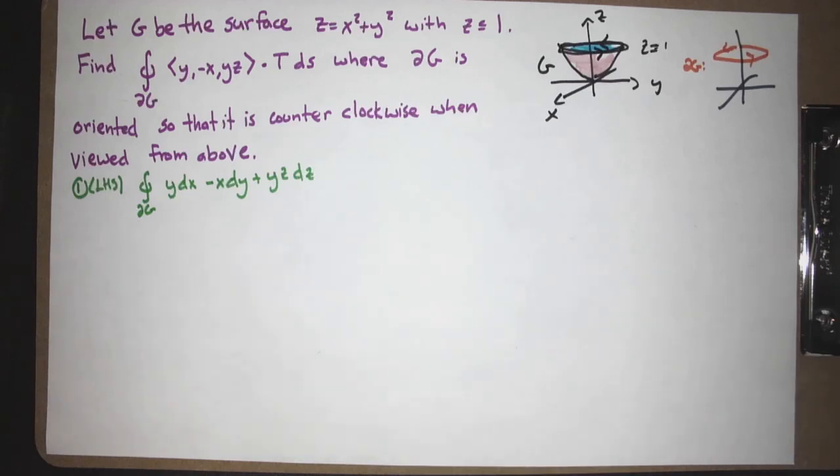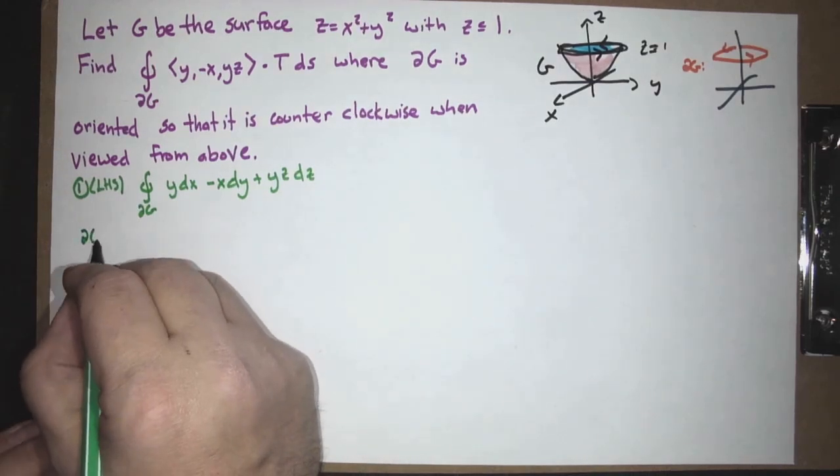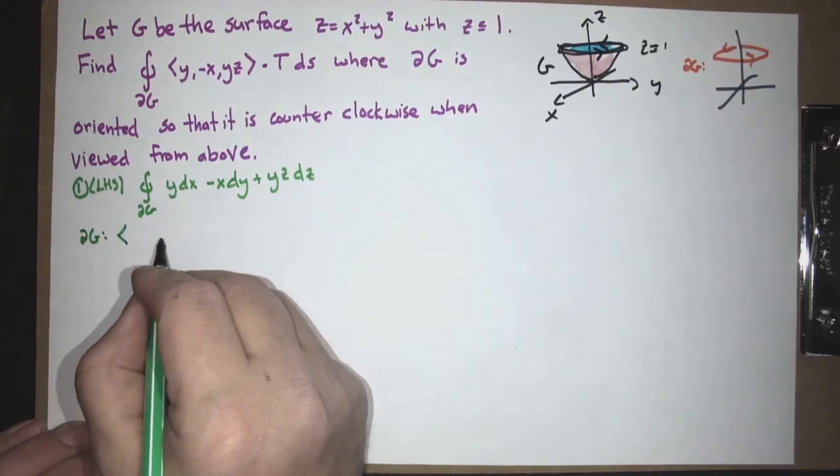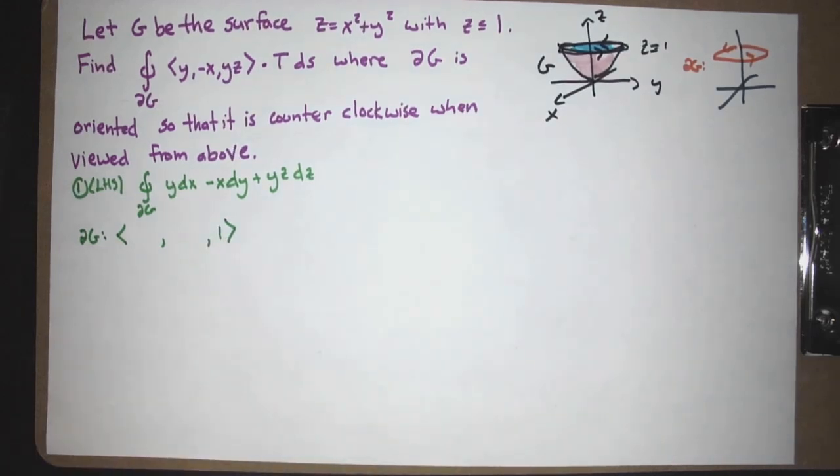So the boundary of G is parameterized by something, something, 1. How do you parameterize the unit circle without going crazy? Sines and cosines, very good, and counterclockwise too, I might add.